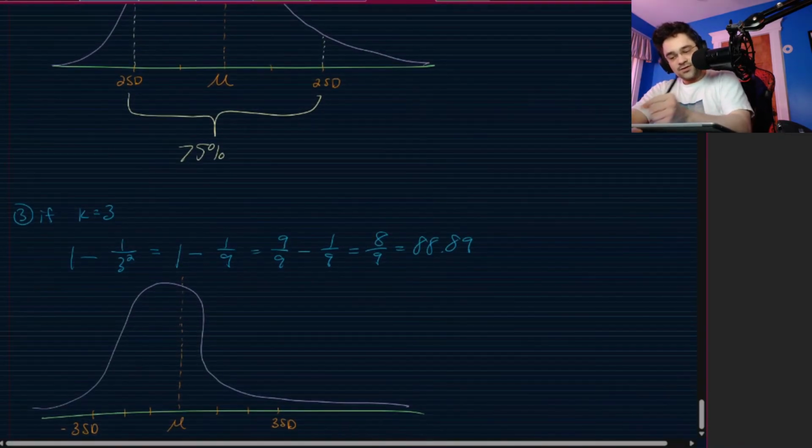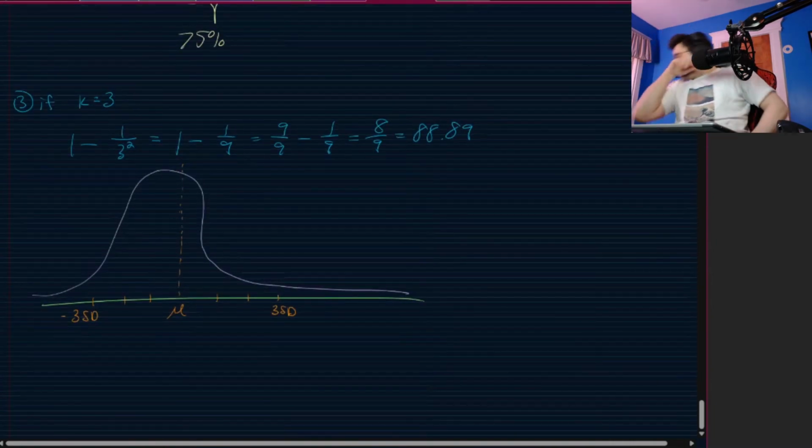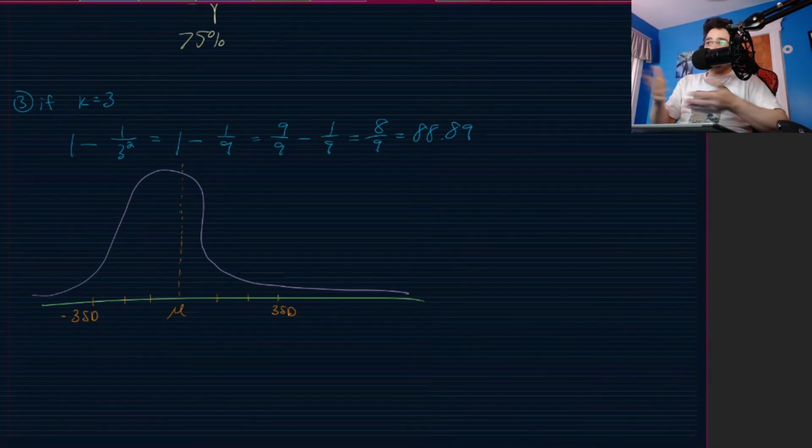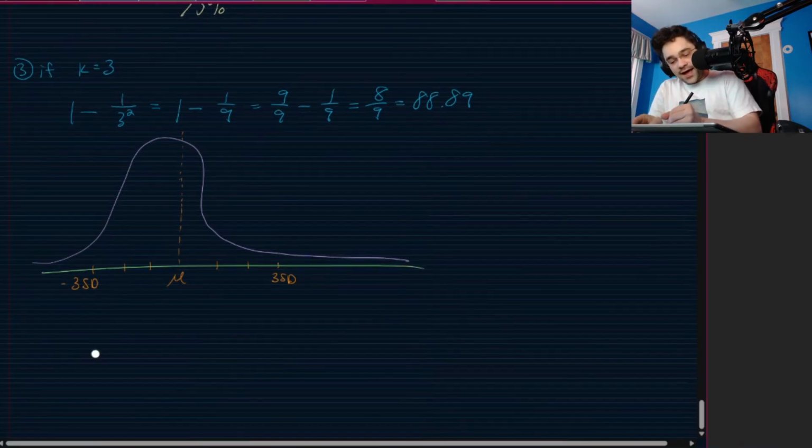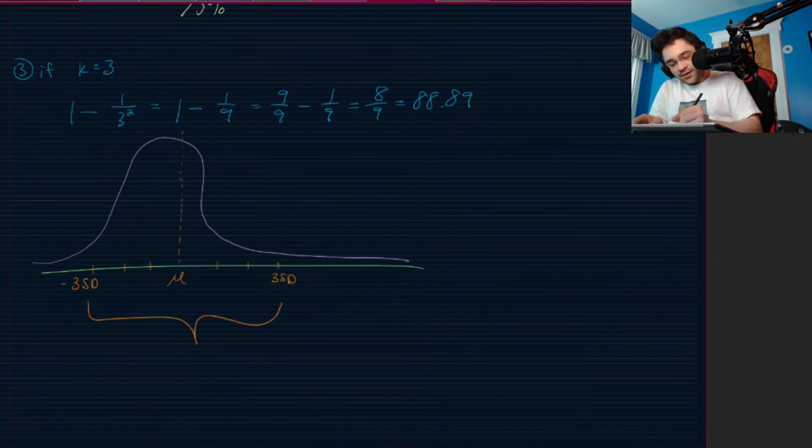We'll talk about z-scores later. But negative standard deviations, it makes sense still. And so what we found is that at least 88.89% of the data will be here between this value and this value.